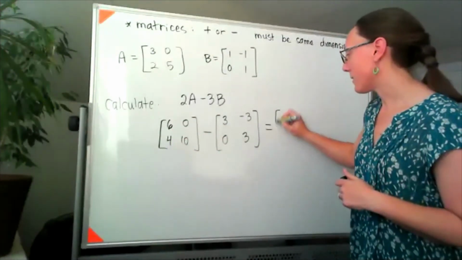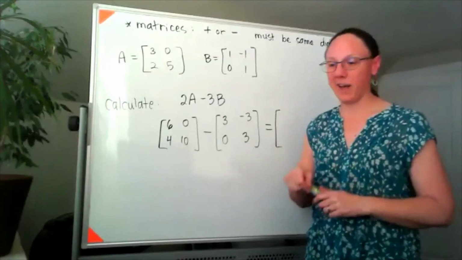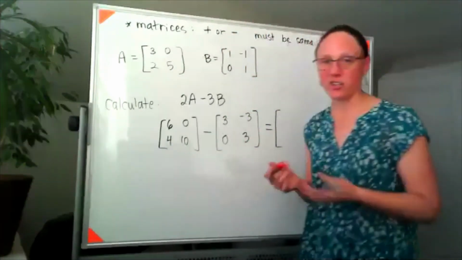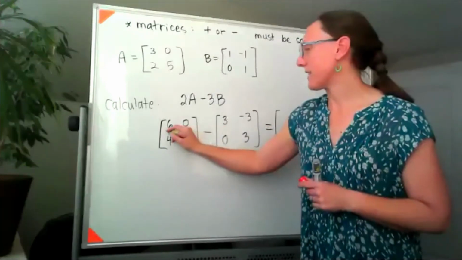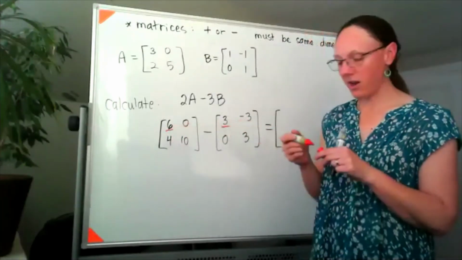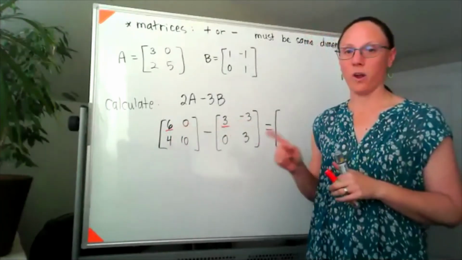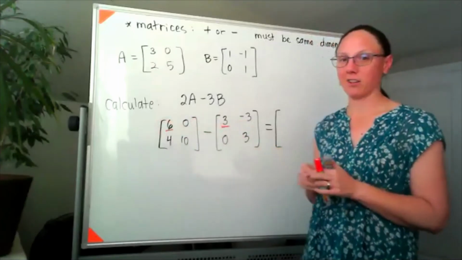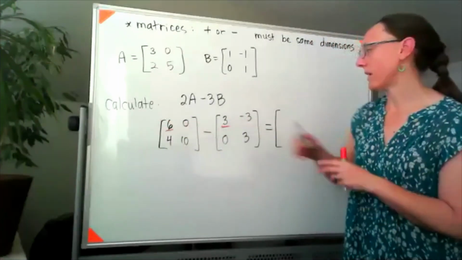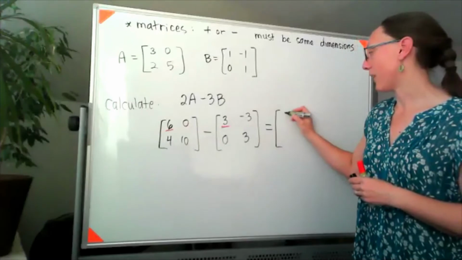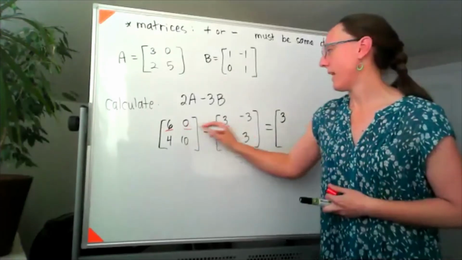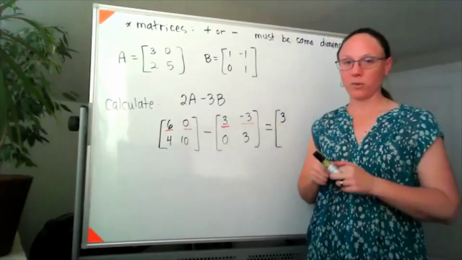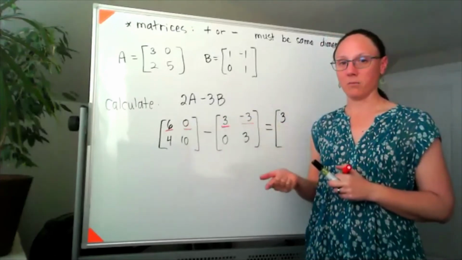When we do that subtraction, nothing weird happens. I would say it just does what we think it probably ought to do. Because that 6 and that 3 are both sitting in row 1, column 1, I'm going to subtract those entries. So 6 minus 3, I get 3. The 0 and the negative 3 are both sitting in row 1, column 2.